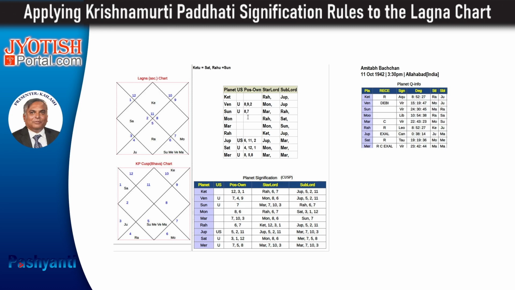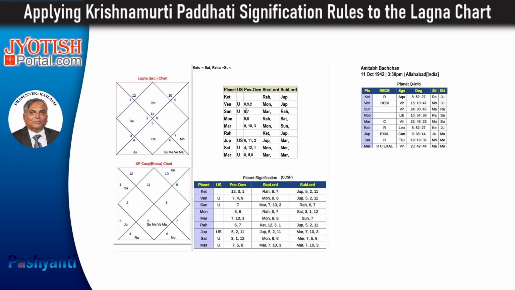Moon is in 9th, so we write 9 and 6. Mars is in 8th, and then we write 10, and then we write 3. Some of these values I have already pre-populated just to save time.